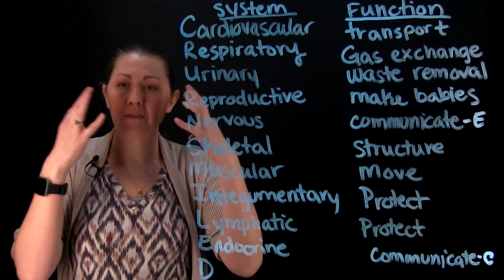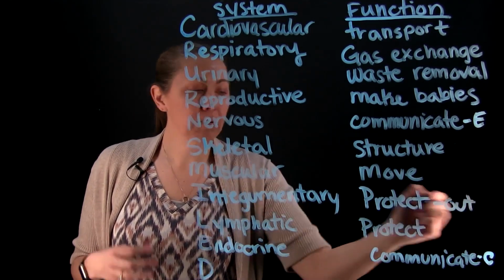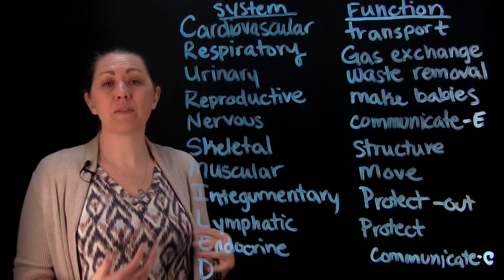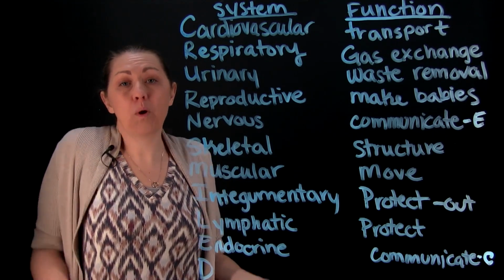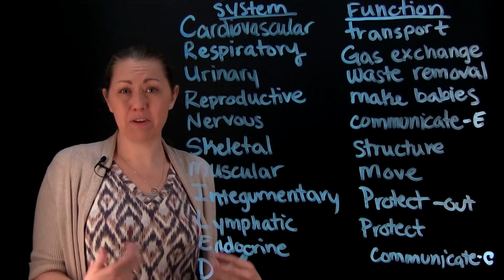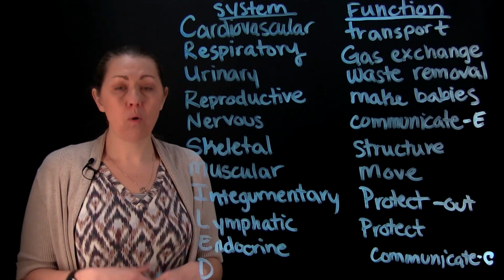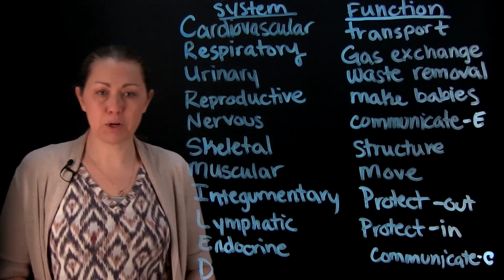So integument, as we talked about, it's the outside stuff. So think of this as your outer protection. It's preventing pathogens from getting in. You're blocking them from actually getting into places where they could make you sick. Versus lymphatic, that's also known as your immune system. What do we do if that pathogen, that bacteria or virus, gets in? How do we defend against it? Things like making antibodies or causing inflammation. So lymphatic system would be our internal protection.